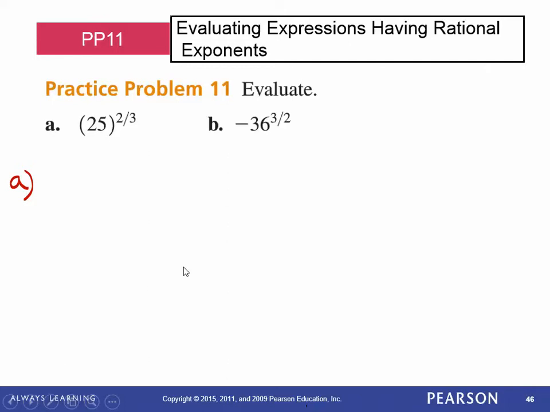But 25 to the exponent of 2/3 technically is the cube root of 25 squared. Now, the only little issue here is that's going to be a big number to deal with, right? So 25 times 25 is going to be the cube root of 625.